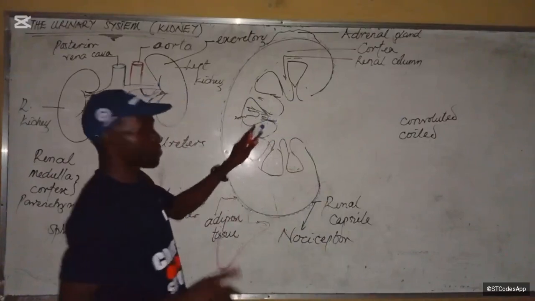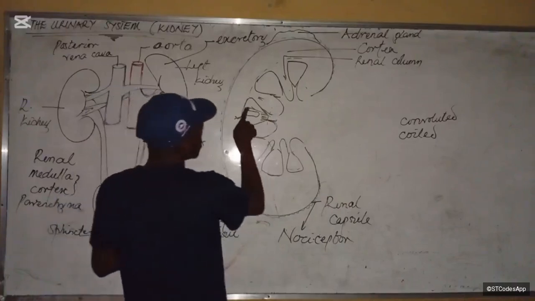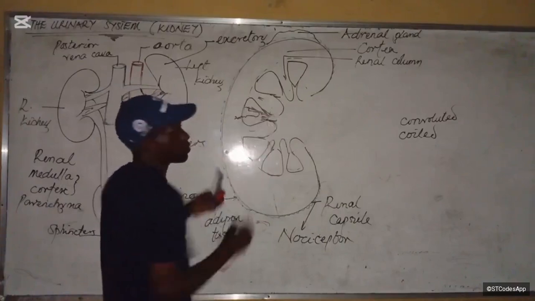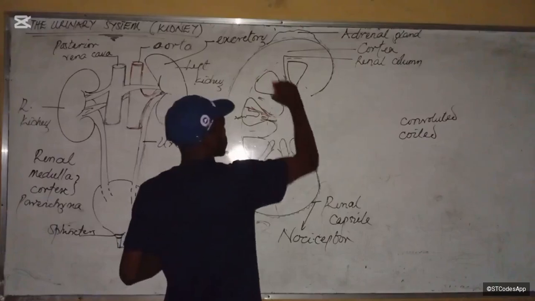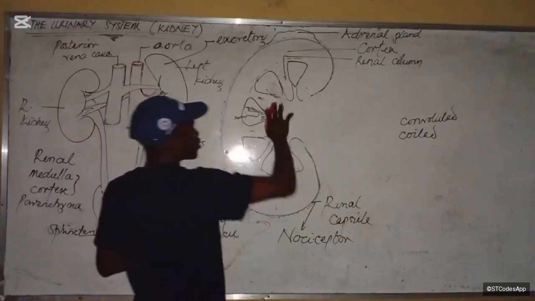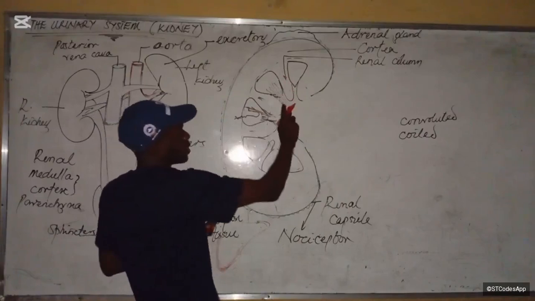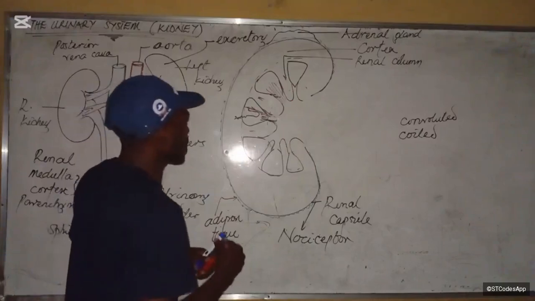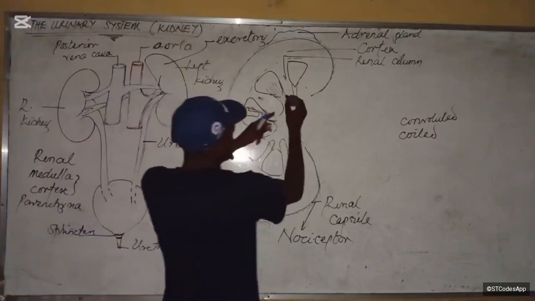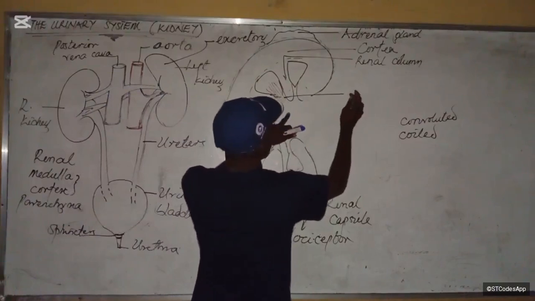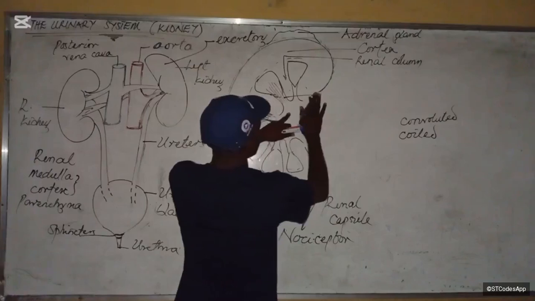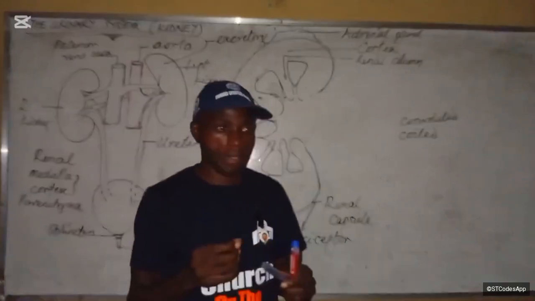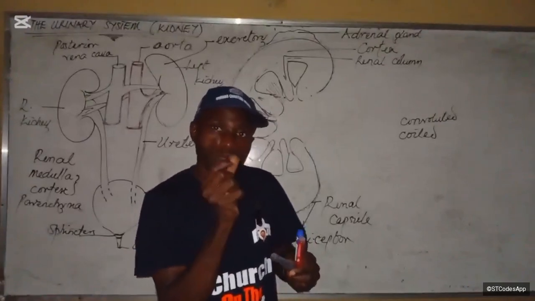So in this diagram, I'm bringing out only one. You're going to see this tube, this straight line here, is called the collecting duct. All those nephrons empty into a collecting duct that empties into the papillary duct. Now, this here we call the papillary duct. The word papilla means like the tip of the breast.